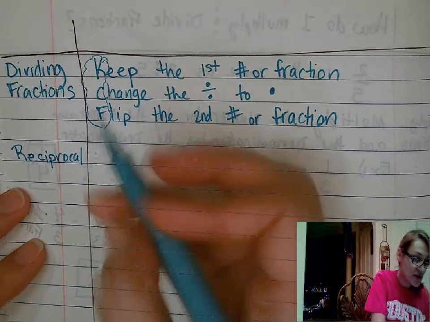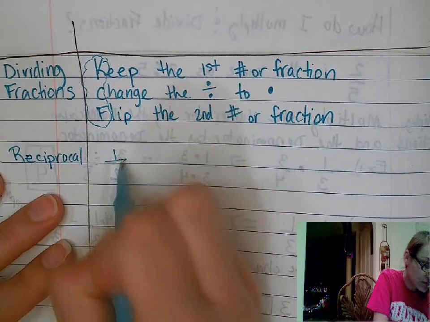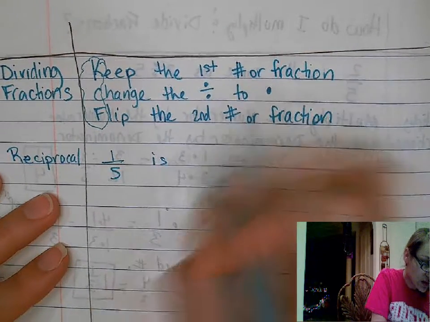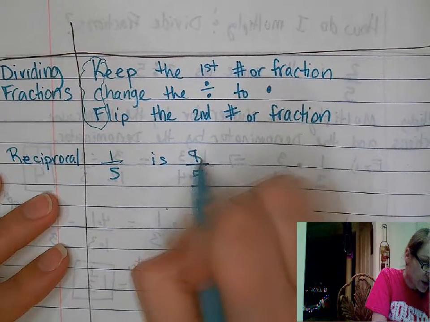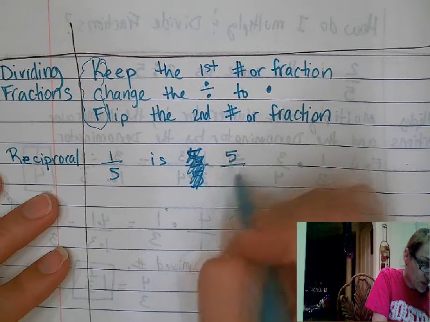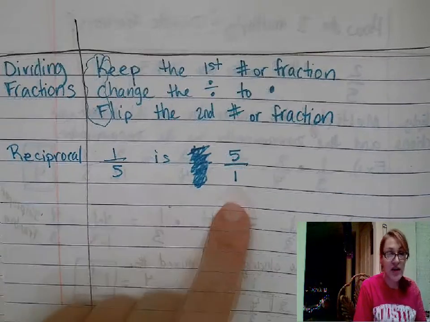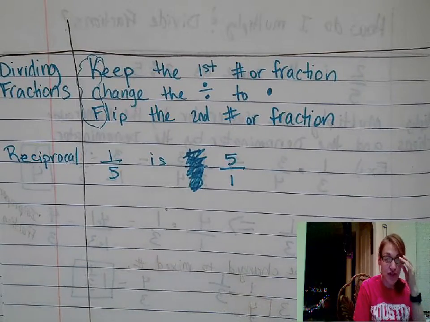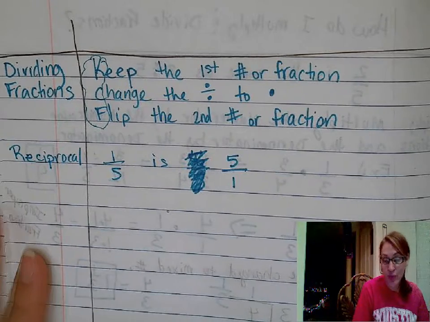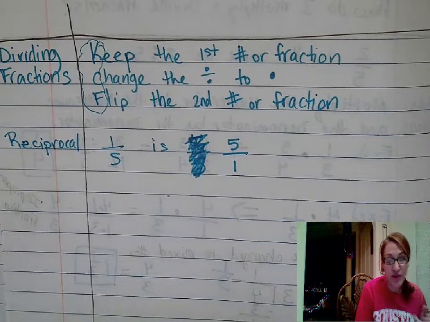So if you're asked for the reciprocal of 1/5, well, the reciprocal of 1/5 is, I'm sorry, I wrote that backwards. 5 over 1. I was just writing down the same thing. So the reciprocal of 1/5 is 5 over 1. You're just flipping the fraction. Just keep that in mind because you will see that term reciprocal, and if you don't know what it means, you won't know what to do. But reciprocal just means to flip the fraction.